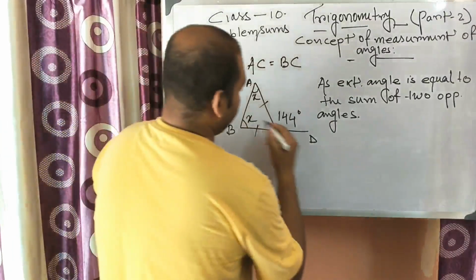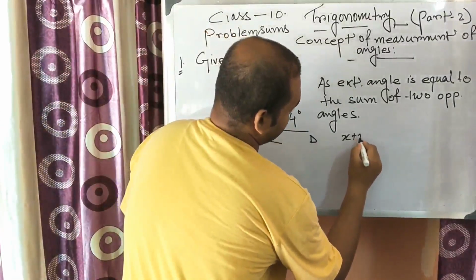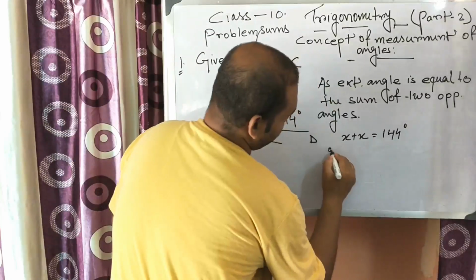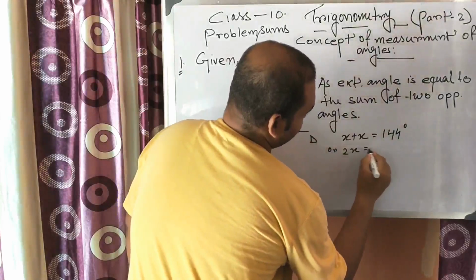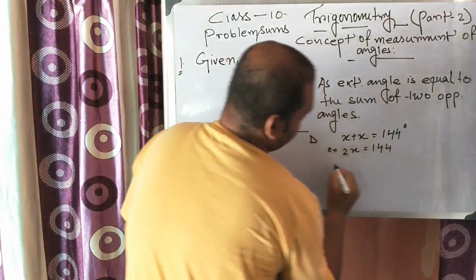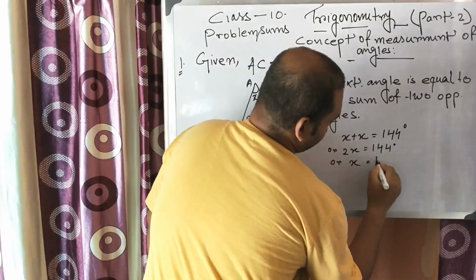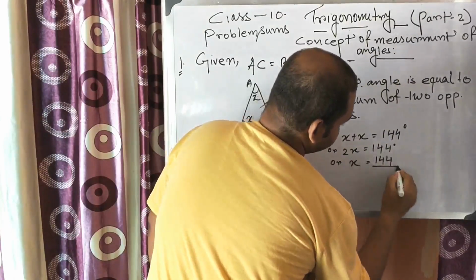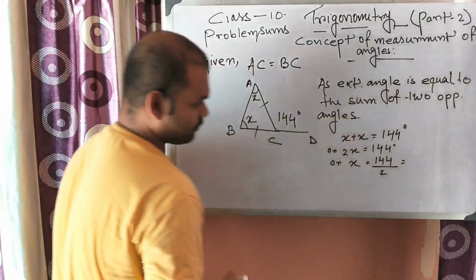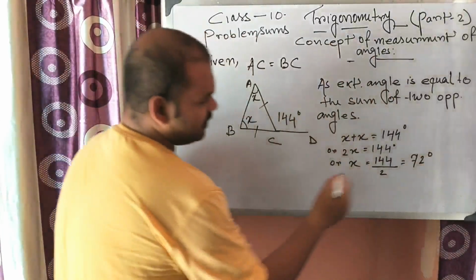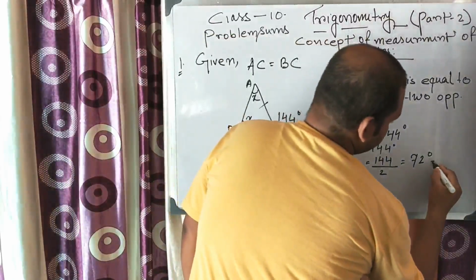So we can write x plus x equals 144 degrees, or 2x equals 144, or x is equal to 144 by 2, that is 72 degrees.